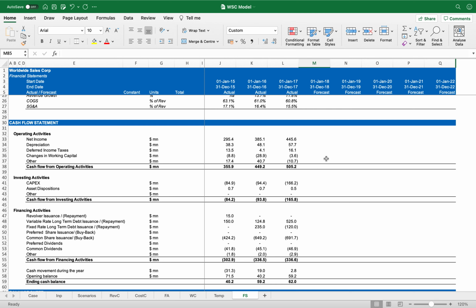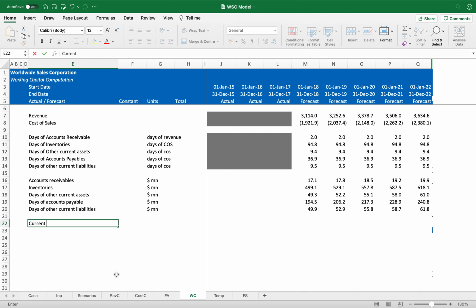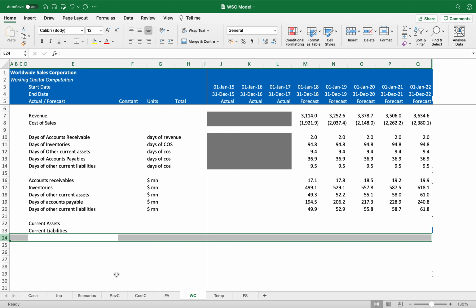Now, one more area where working capital is of utmost importance. What is that area? Cash flow statement. So we need changes in working capital. Let's compute the working capital. So current assets, current liabilities, and what I will get is my working capital.